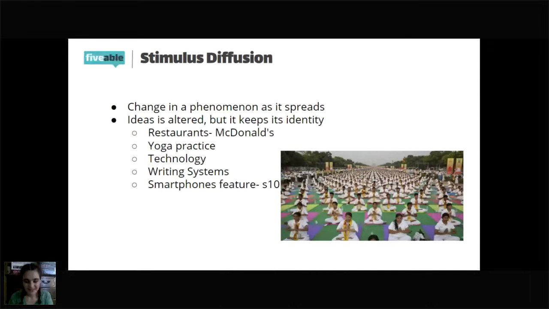I was thinking of Spanglish too. Well, Pidgin languages are like modified languages, right? So I would say, yeah, Pidgin languages can be an example of stimulus diffusion, because the language is still there, but it's modified. But at the same time, it's influenced by the other culture. So it's like a mix.